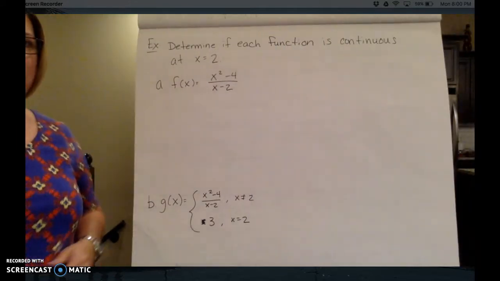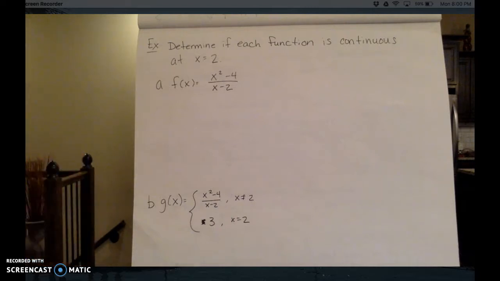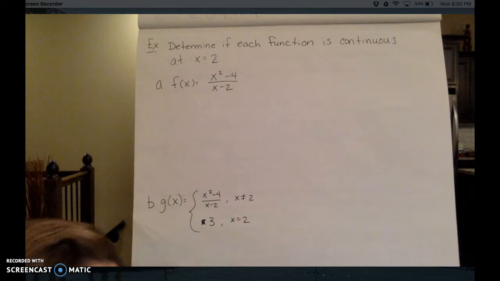All right, determine if each function is continuous at x equals 2. Okay, so we have this function, f of x equals x squared minus 4 over x minus 2. So the first thing that we need to decide is if f of c is defined.